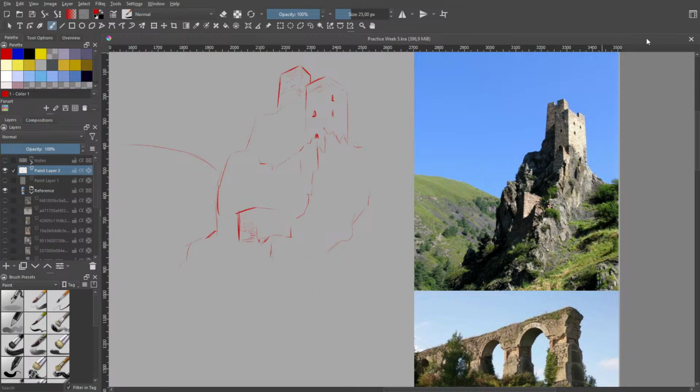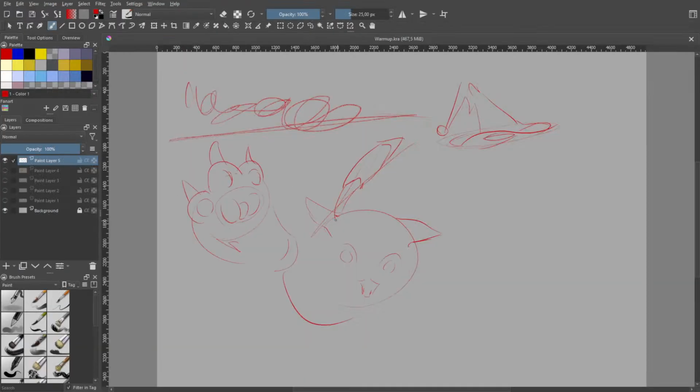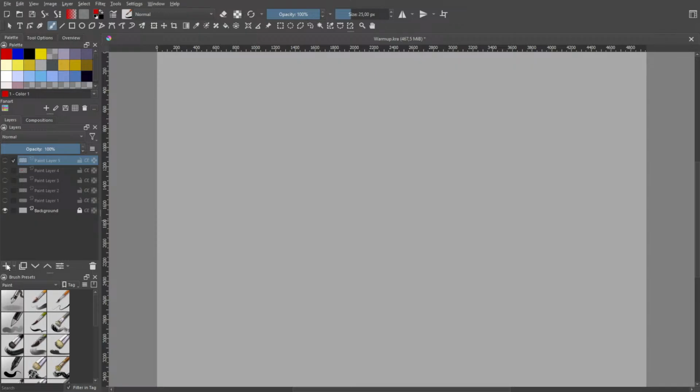Okay, let's figure this out while we do some warm-ups here. I guess I don't need a new file for that one. We'll just move on. Next layer. Let's see.